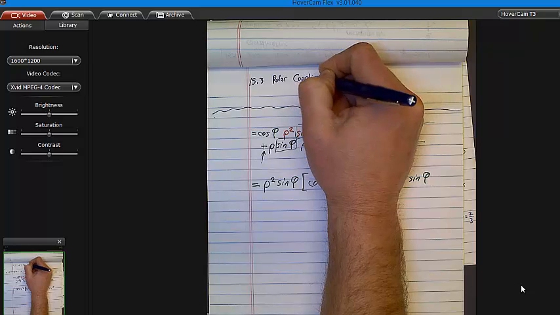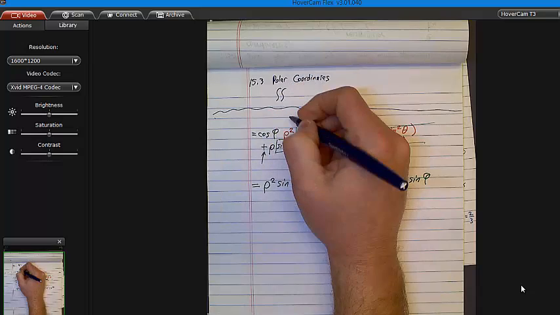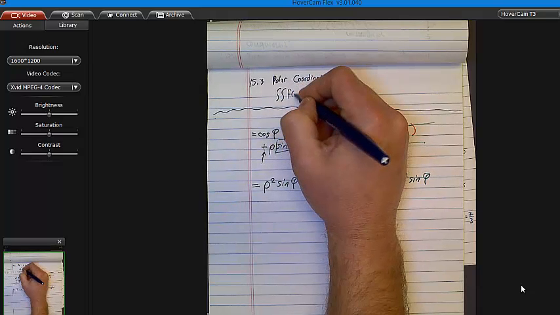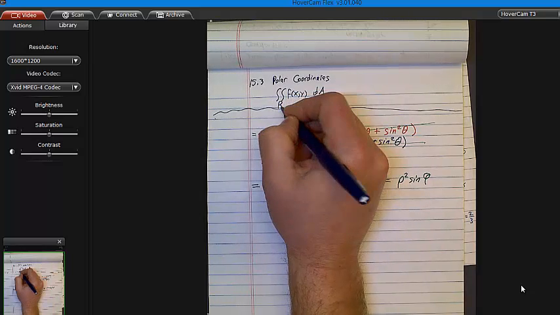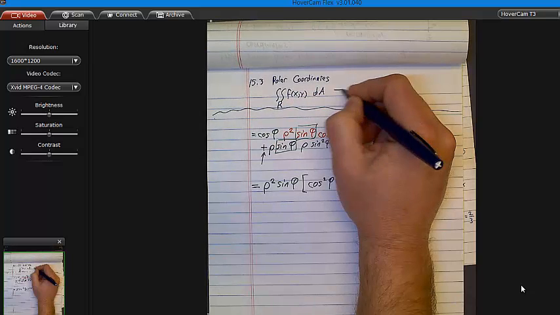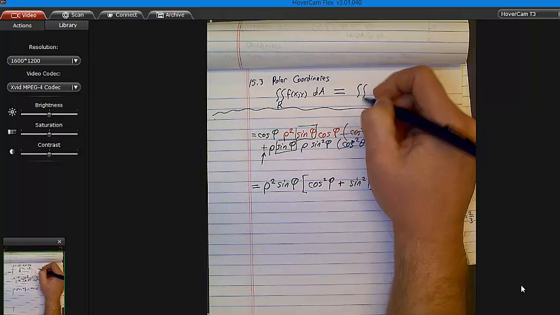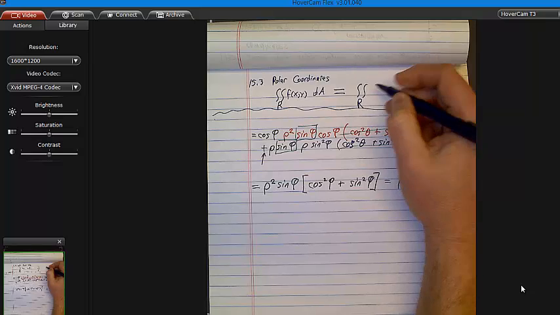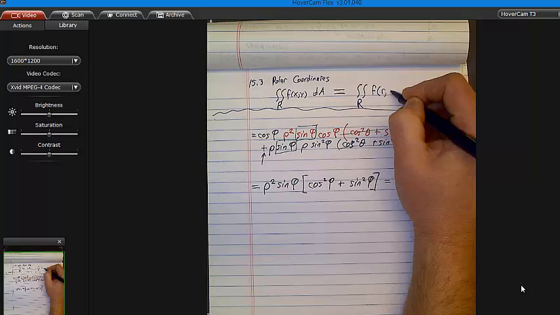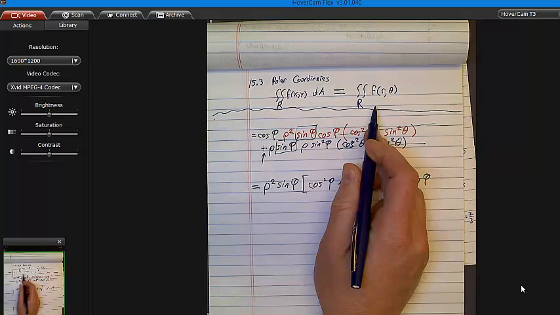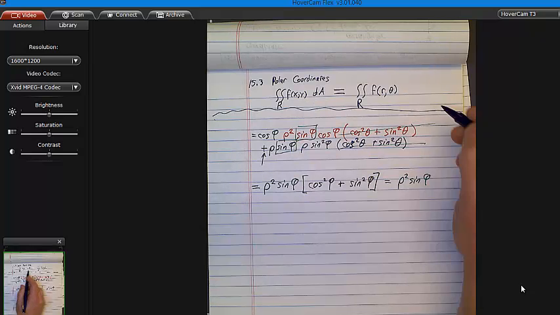And what I told you was, if you have a double integral of f of x y dA over some region, that equals the same double integral, but you can change to some function of r and theta, polar coordinates, as long as you replace the dA with what?